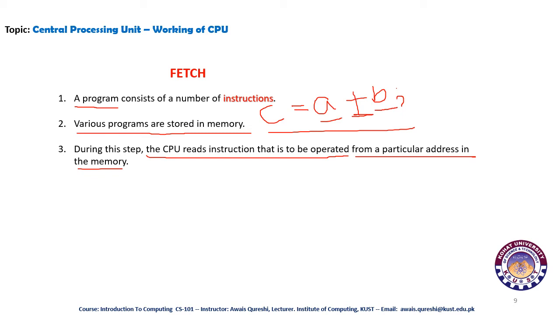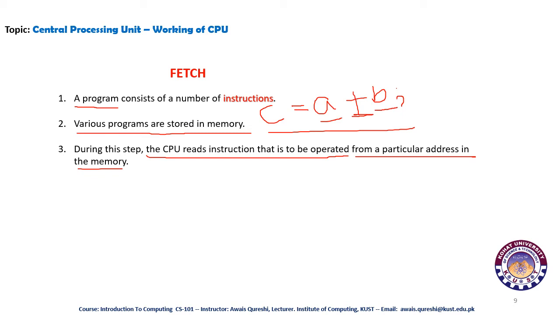The job of the CPU is to get that program from the hard drive and store it in memory. So that program is stored in a specific address in the memory.